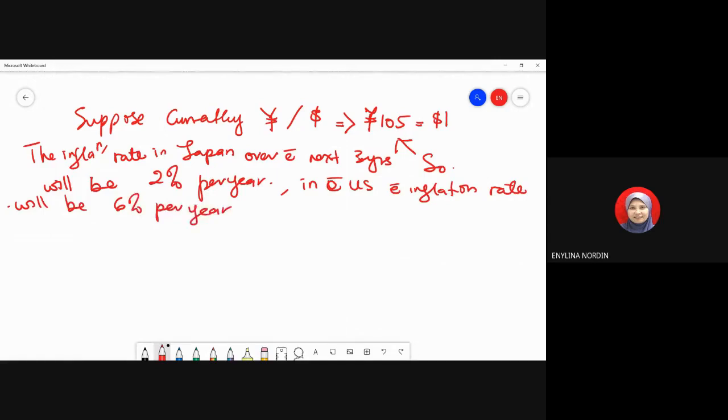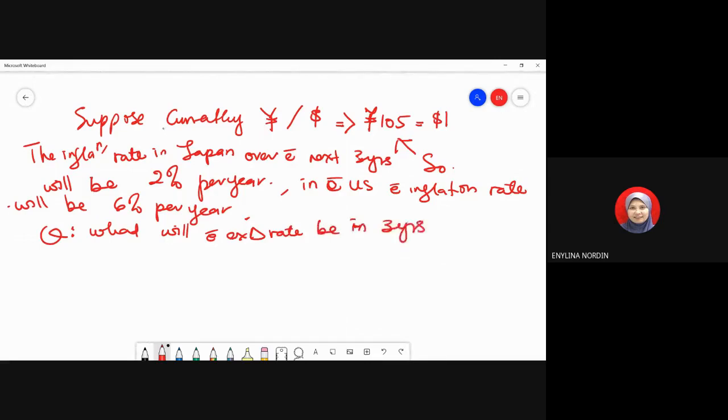So based on the relative PPP, that means using PPP, what will the exchange rate be in 3 years? So the question is, what will the exchange rate be in 3 years?